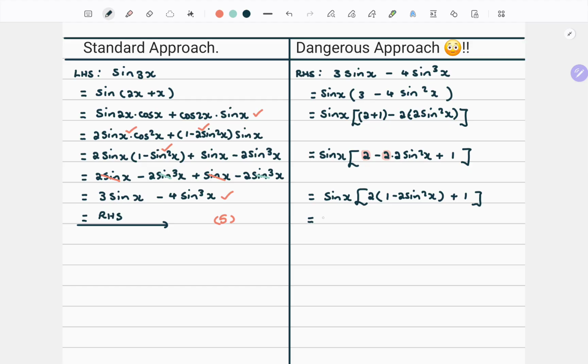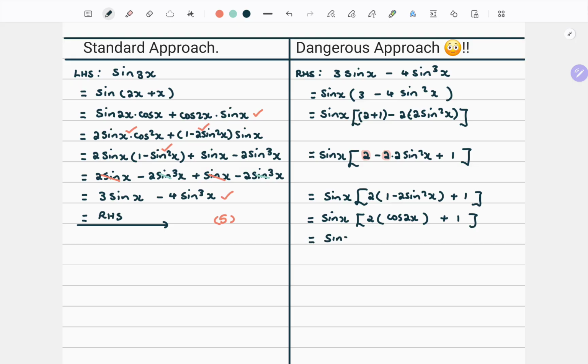And we can see that this is sine x into 2 into, but now that's an identity. 1 minus 2 sine squared x is basically cos 2x plus 1. All right, we're moving on nicely.